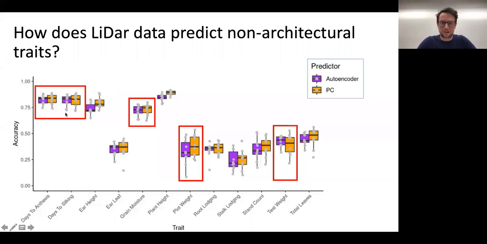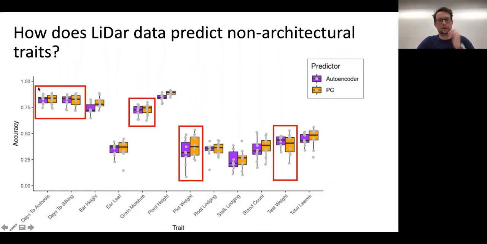I wasn't sure at the time, but we hypothesized that these traits are similarly predictable using the other more architectural traits, things like plant height, ear height, and then also agronomic traits like lodging and stand count and leaf counts.